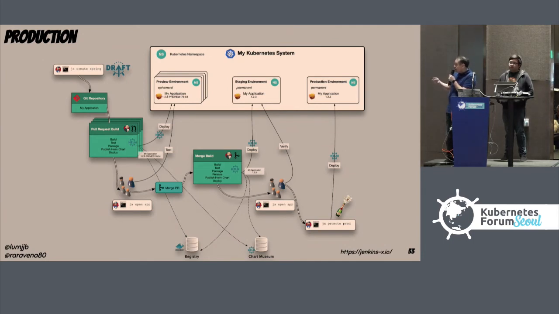Once that process is complete and the PR is approved, the developer merges the PR, and then a new process, just like the first one, gets created that includes the build, test, package, and deploy. But in this case, it deploys to a staging environment.